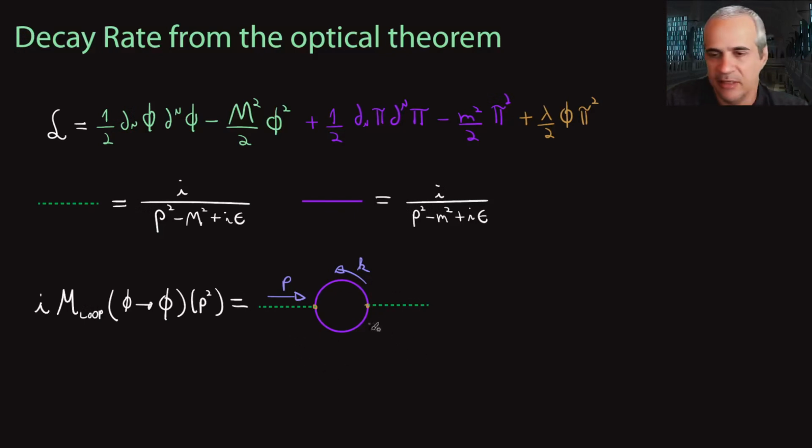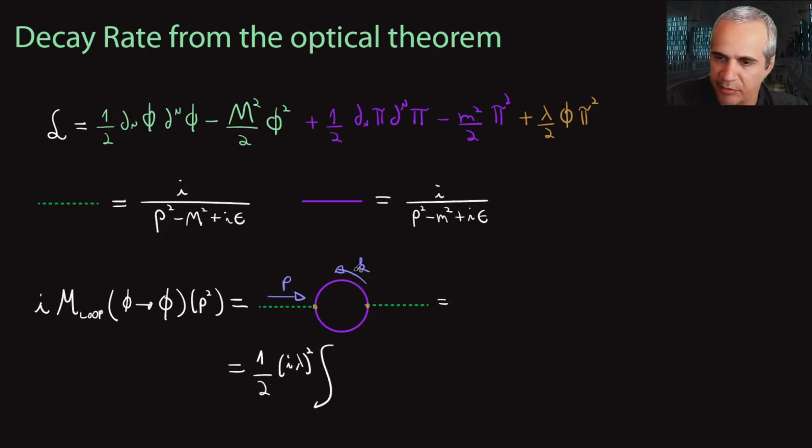This is the first contribution to the self-energy of this scalar field phi. The Feynman rules for this are quite simple. I have this interaction twice. Also, there's a symmetry factor here, so there's a factor of 1/2.